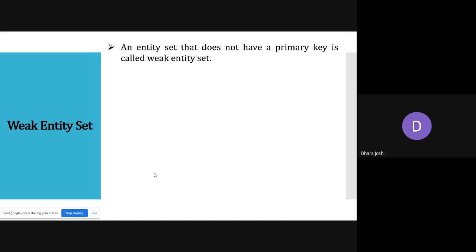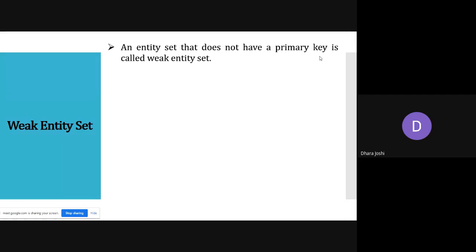For roll number 20, only one student will be allocated. So from this one attribute, I am able to distinguish that particular student from the rest of the students. But a weak entity set means an entity set that does not have a primary key.